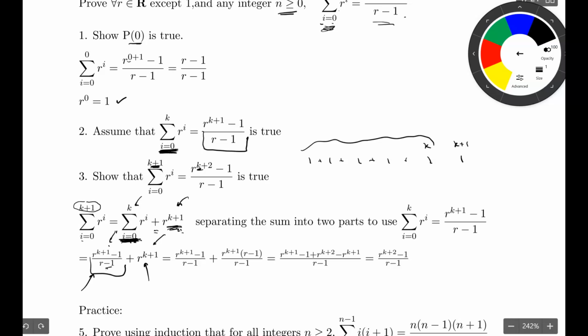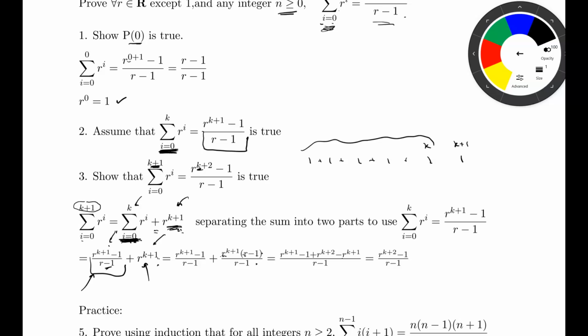Okay, so now what am I going to do? Well, I've got a denominator in this fraction. I don't in this fraction, so let's make common denominators. So I'm going to multiply top and bottom of this fraction here by r minus 1. So I do that, and this gives me r to the k plus 2, right? And this gives me negative r to the k plus 1.